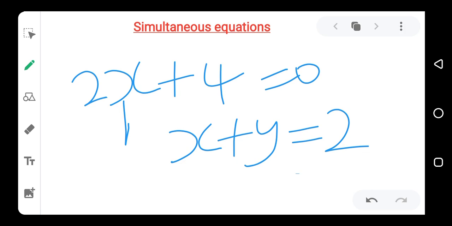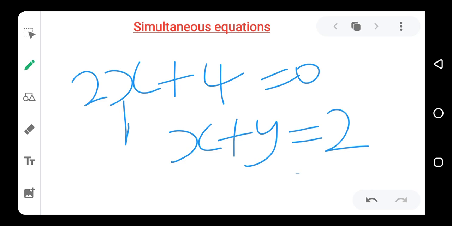In an equation where we have two unknowns like this, we need another equation that has two similar unknowns for us to solve it. And that is why we call it simultaneous equation. We are solving the two equations together.